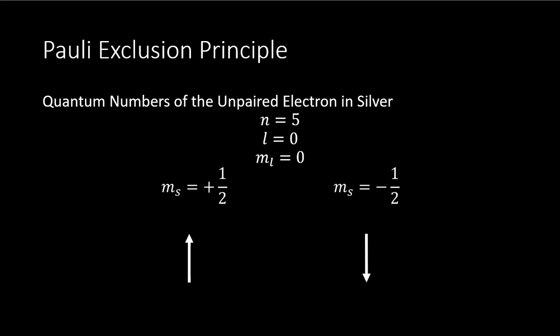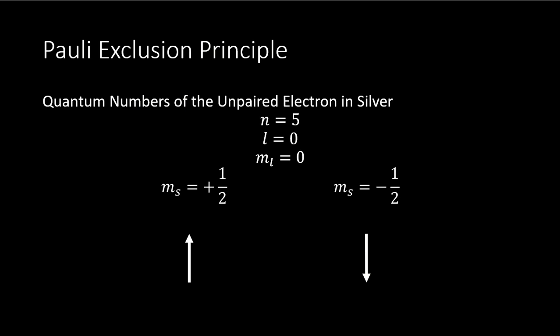Now, what the Pauli Exclusion Principle tells us is that no two electrons within a given atom may have the same set of 4 quantum numbers. And when we look at the unpaired electron for silver, the energy level, the principal quantum number, is 5, no matter what state that last electron is in.